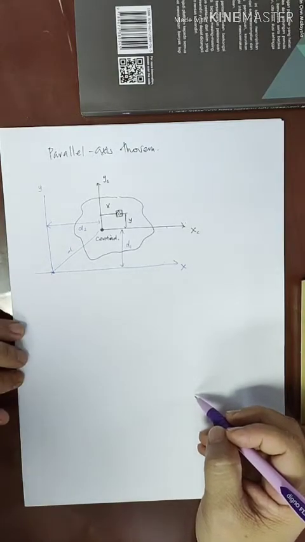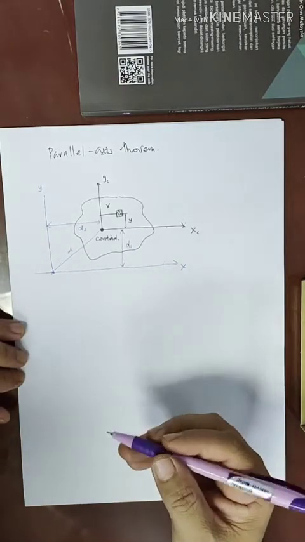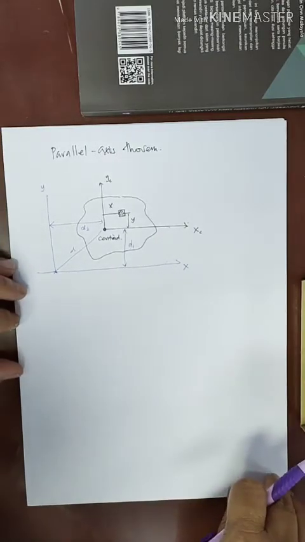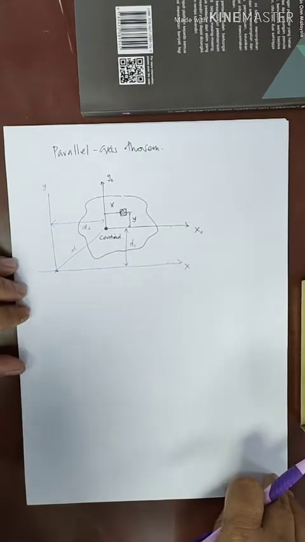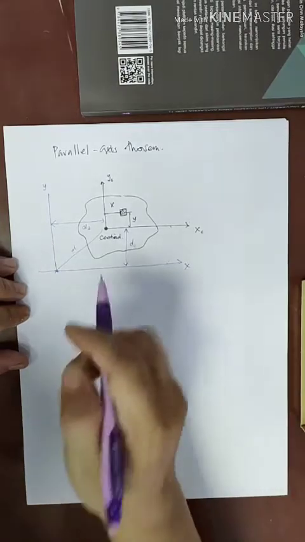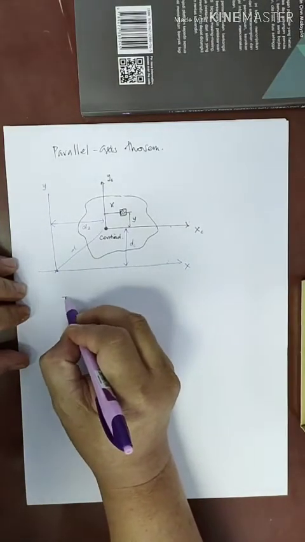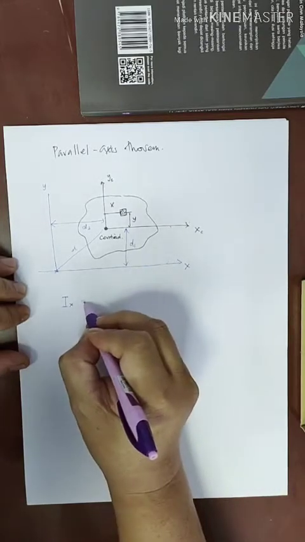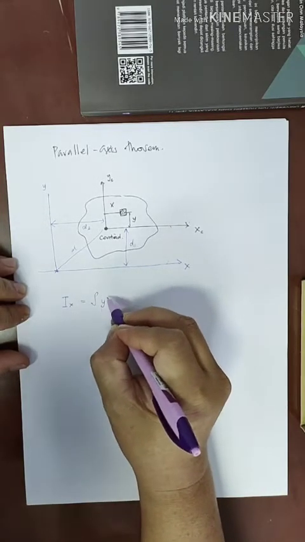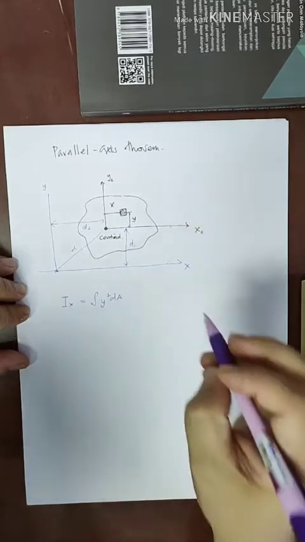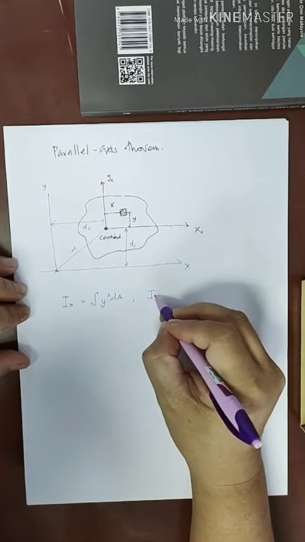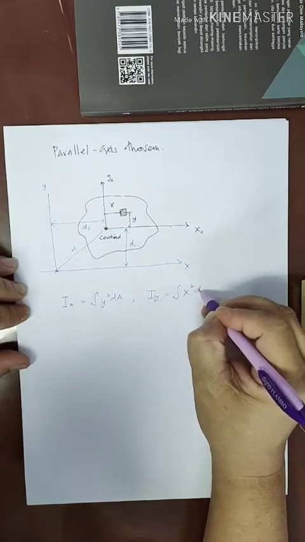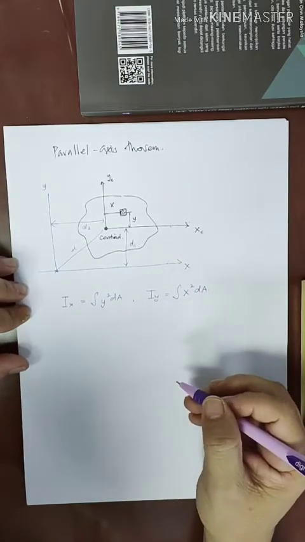Okay, so how can we modify the previous theorem that we use? We have the Ix, which is the integration of y square dA, and also Iy is equivalent to the integration of x square dA.